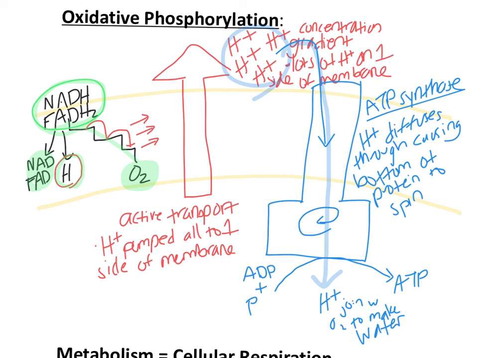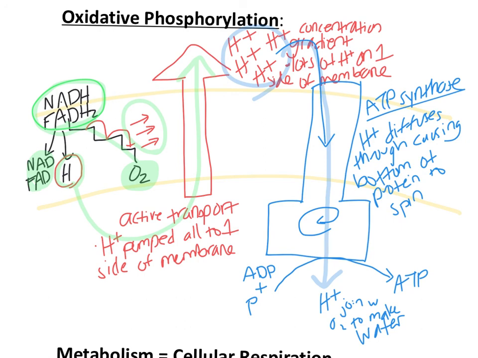As electrons are passed on the electron transport chain, they release a little bit of energy. That energy is used to pump the hydrogen ions all to one side of the membrane. You also might see them just simply referred to as protons being pumped, but more correctly, they're hydrogen ions.